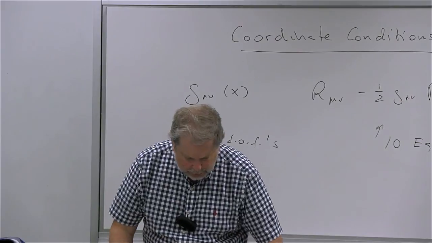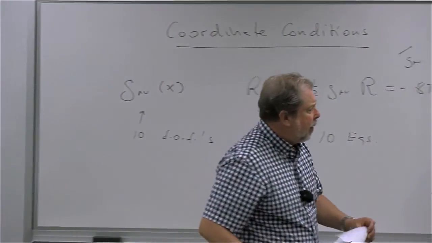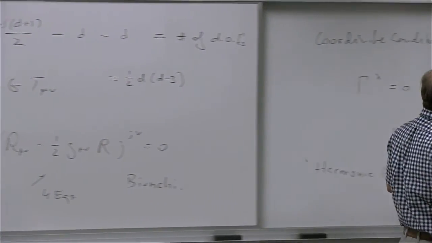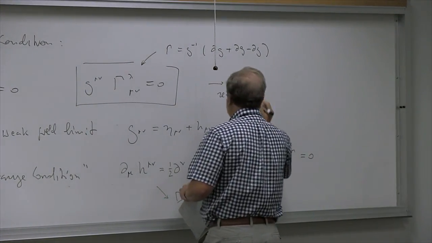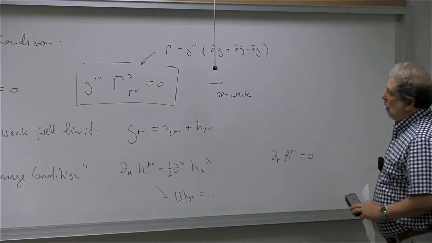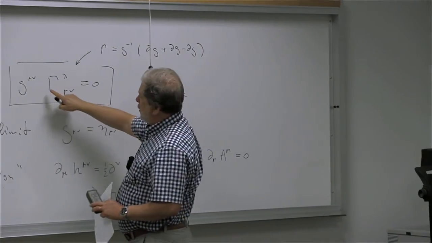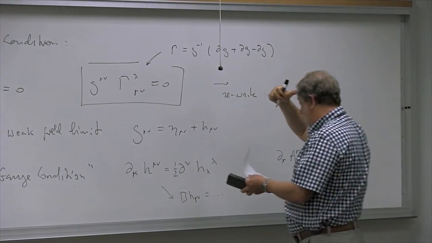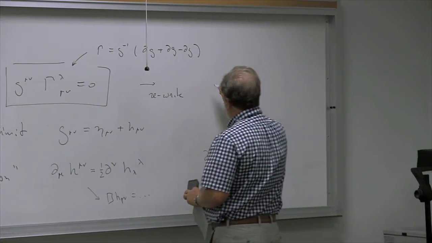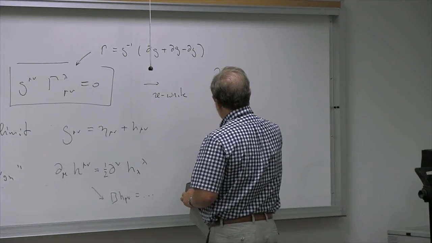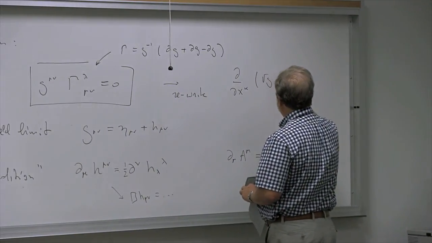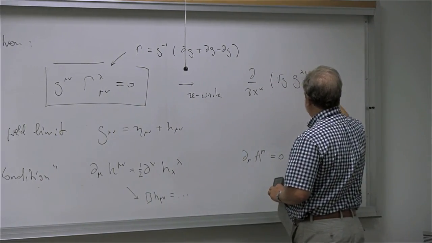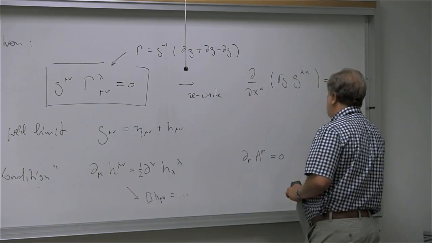So what else was I going to say? Oh, yes, there is one last item, and that is that you can rewrite this, because you are taking these indices and tracing them over. You can actually rewrite this as a divergence. So this can be rewritten as d by dx^k of square root of g, g^(lambda k), equal to 0.